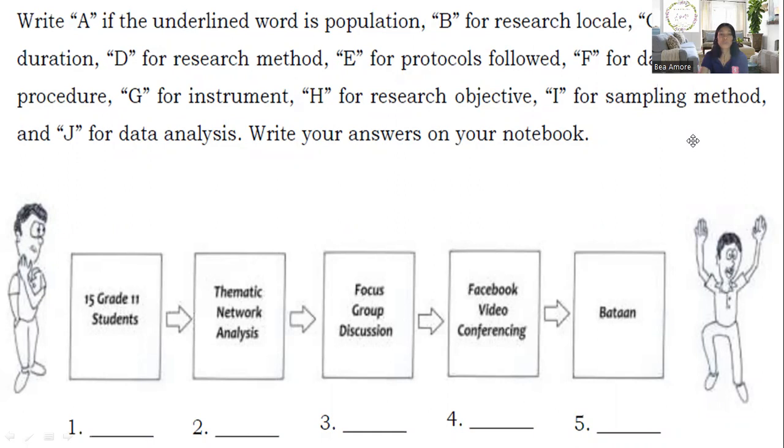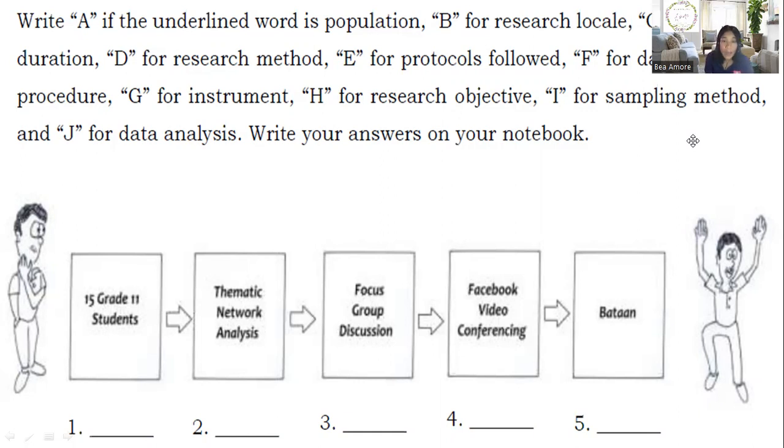Write your answer on your notebook. Number 1: 15 grade 11 students. Is that A, population, B, research locale, C, specific duration, D, research method, E, protocols followed, F, data gathering procedure, G, instrument, H, research objective, I, sampling method, or J, data analysis?